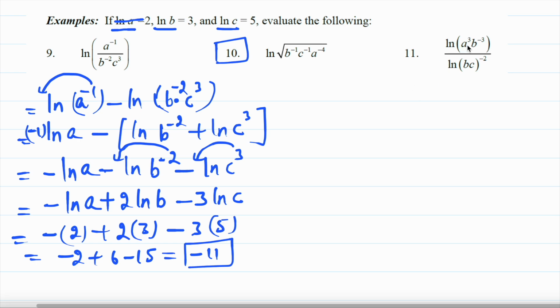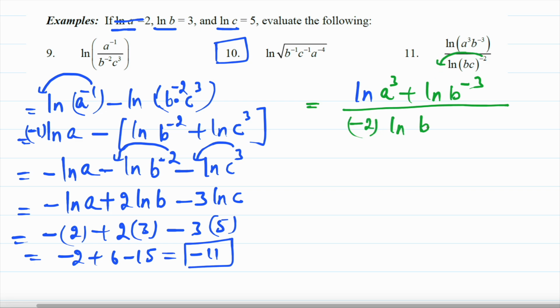In problem 11 also, the numerator you can write down as natural log a cubed plus natural log b to the power negative 3, over, in the denominator, this negative 2 is there first, I will bring it down, and then log bc.